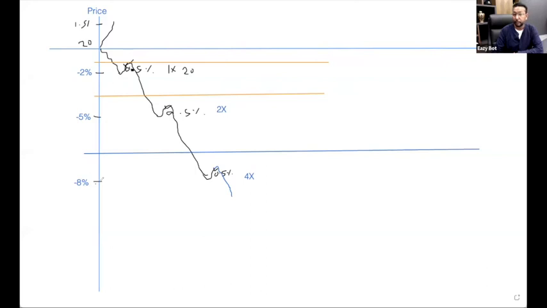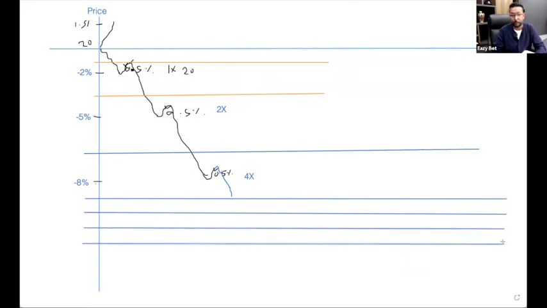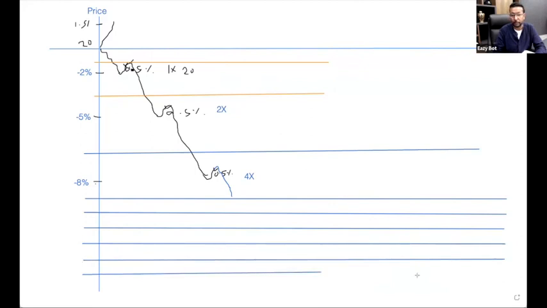So from this point onward, we will have a kind of grid. We will have covers available almost every 1%. It's not exactly 1%, but I'm just giving it as an example. I don't want to put too many complications here. So it goes down to more covers, or more trades to open.